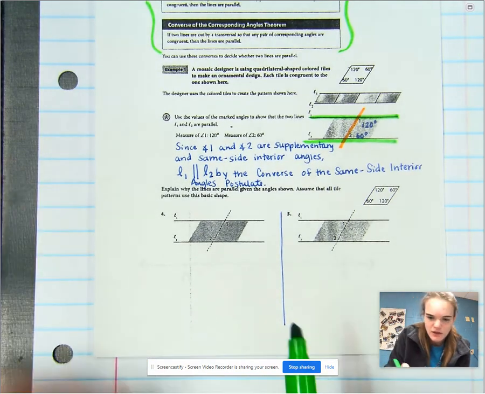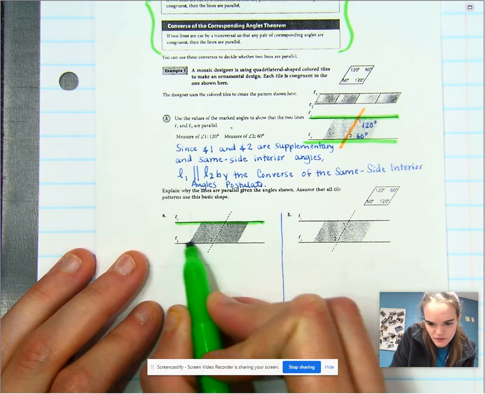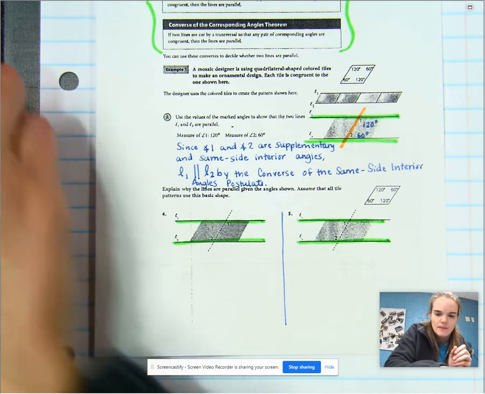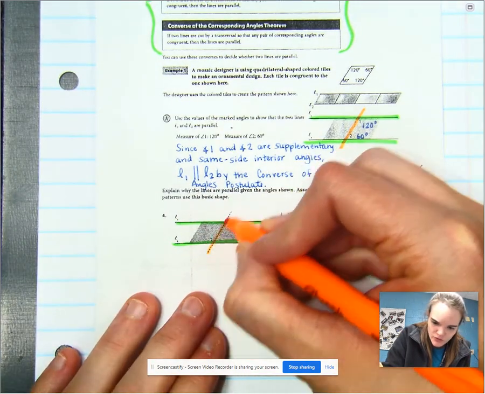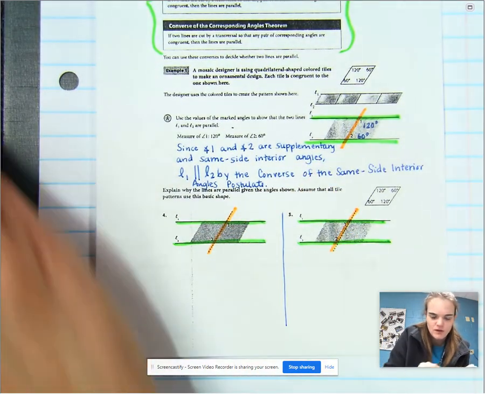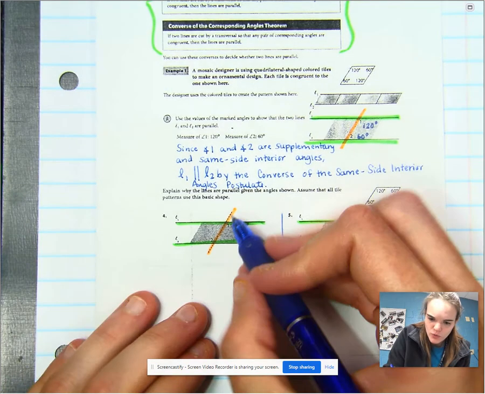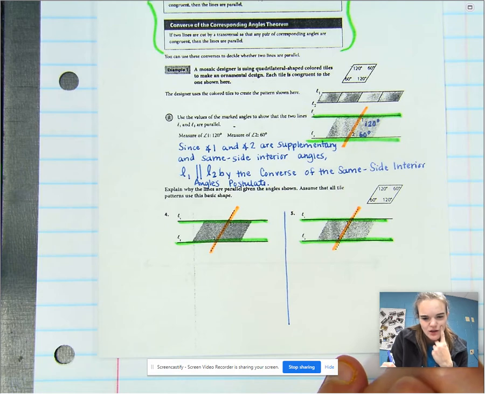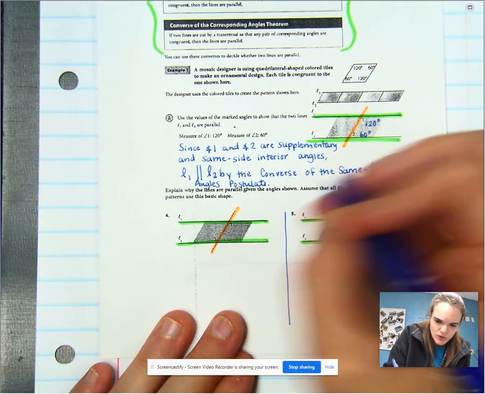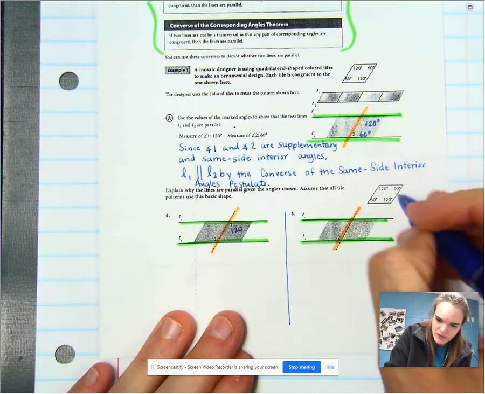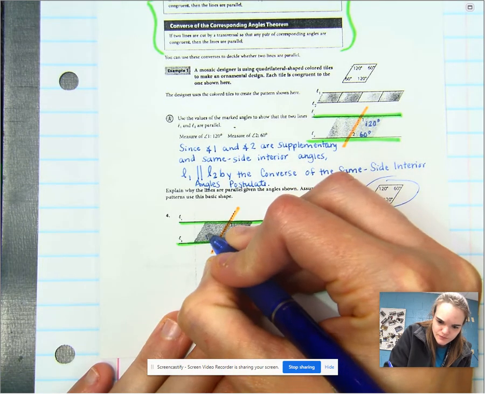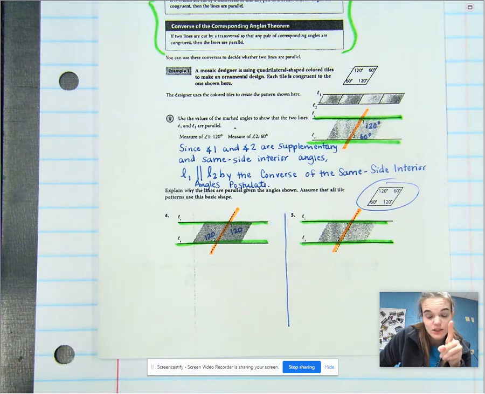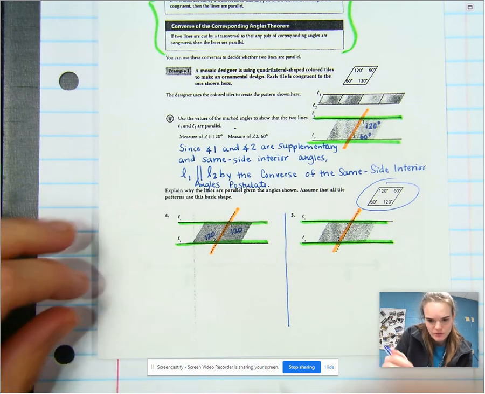I'm going to go ahead and highlight. Here's my transversal. Okay. 1 and 2. Here's 1, here's 2. What type of angles are those? That's the first thing you have to decide. These are 120 and 120 because I'm looking at this picture. 120, 120, those are alternate interior, and they are congruent.